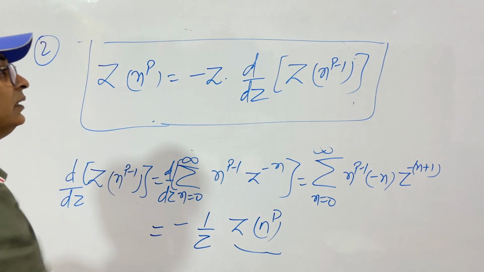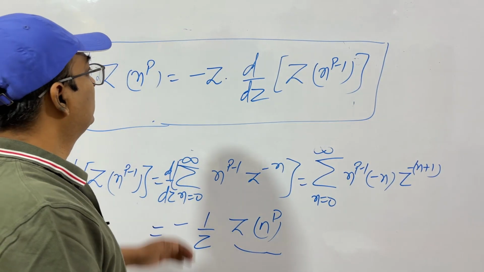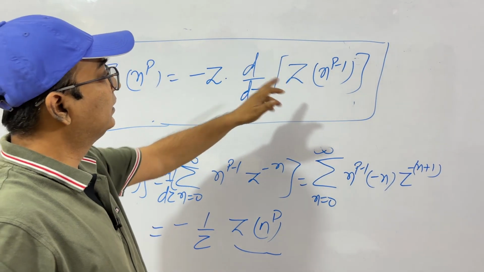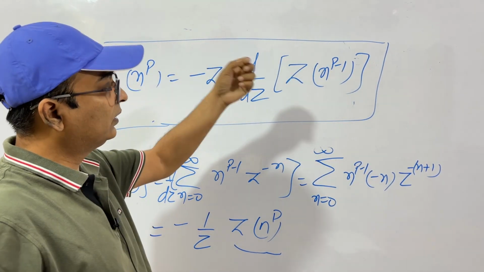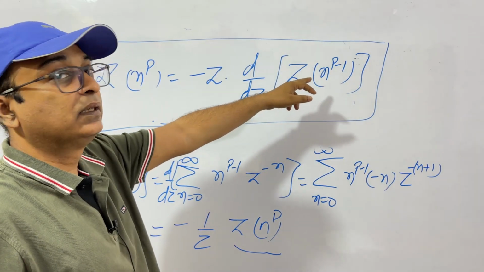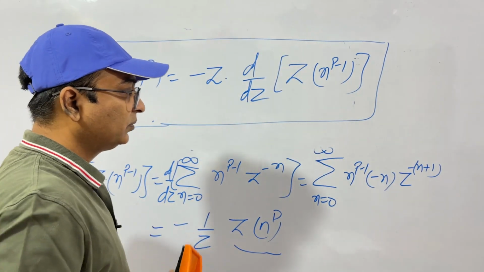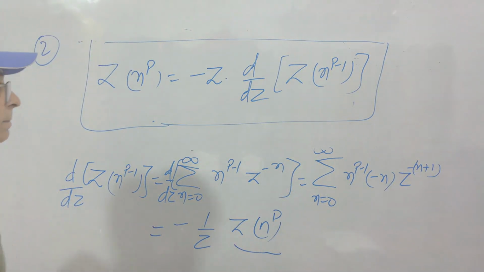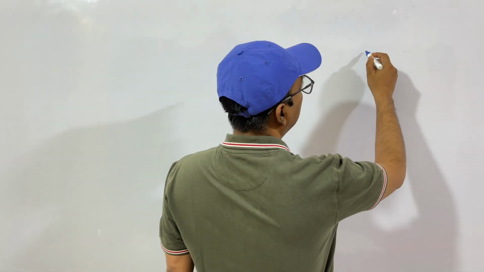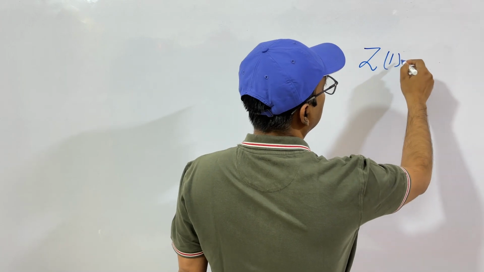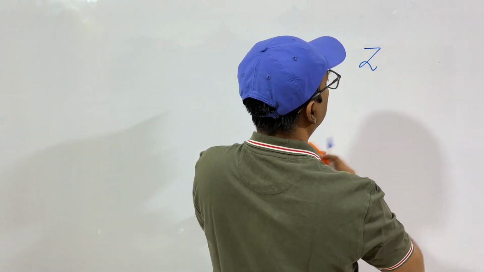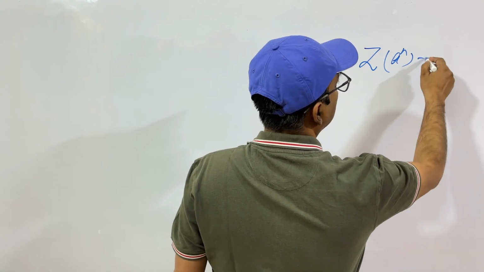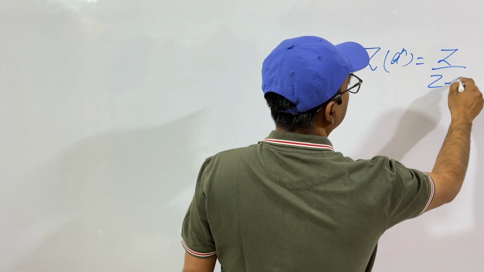This way you will know how to find Z of n to the power p when the one-power-less value is known. We will solve many examples and we will understand the importance of this equation. So we know Z of a to the power n is z by z minus a.